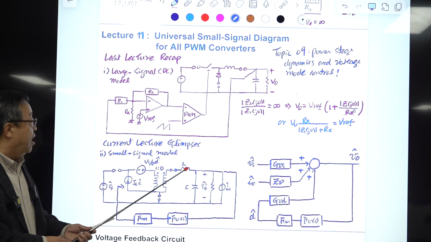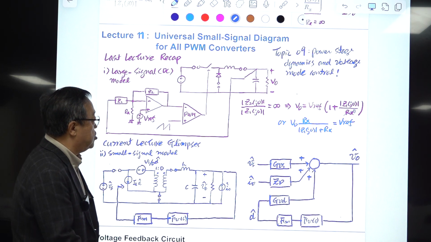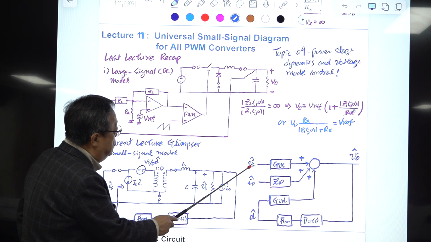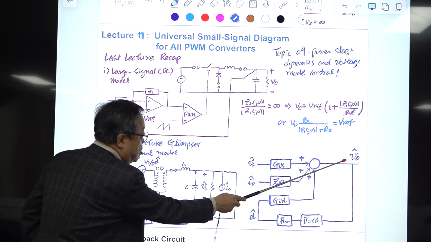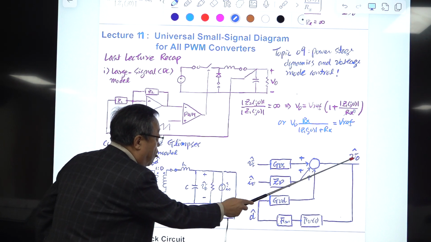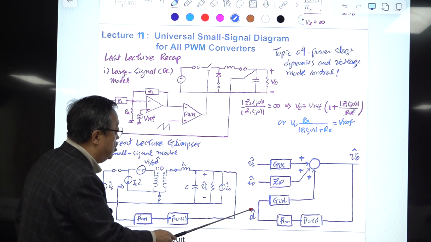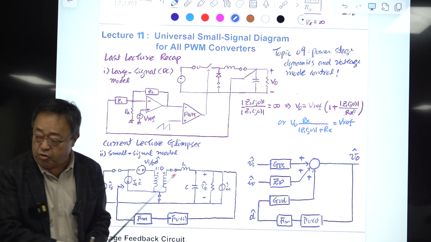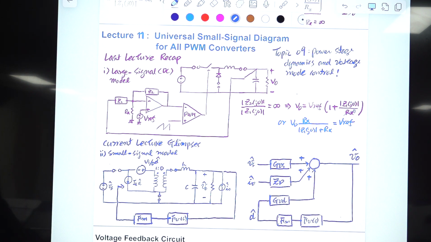All right. And this is the block diagram representation of this. This represents the input to output transfer function under open loop condition, the load current to output transfer function, and the duty ratio to output transfer function. And this is the modulator gain and the voltage feedback compensation.